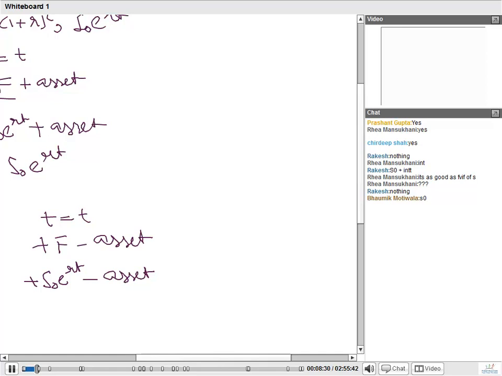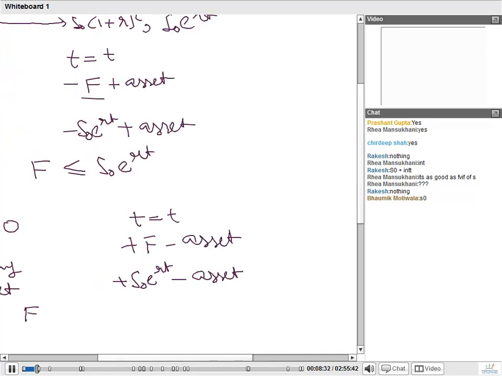Now, if F is anything less than or equal to S0 e raised to power rT, the seller would not enter this contract. The seller is anyways getting S0 e raised to power rT by selling the asset right away. So the seller will always demand a price F which is greater than or equal to S0 e raised to power rT.